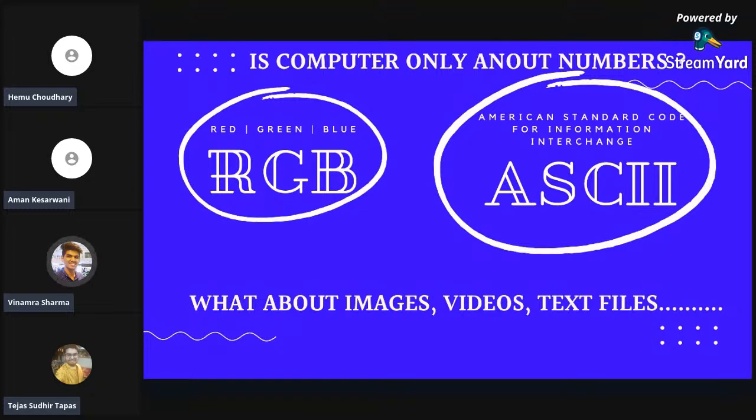All of these extensions that you can see, whether images, videos, text files, or anything, are compounded from some small elements, and the element for an image is the pixel. When we combine pixels, they form an image, right?